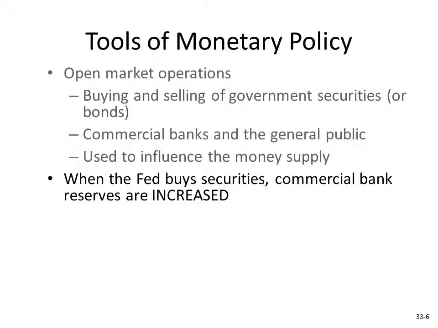Banks own bonds because they're a secure investment, and they're also required by law to have a certain portfolio of safe investments. So when the Federal Reserve comes in and buys bonds from a bank, immediately that cash the bank received can be loaned out. It represents excess reserves that can potentially be made into new loans, which obviously, through the process we covered in the last chapter, will increase the money supply.